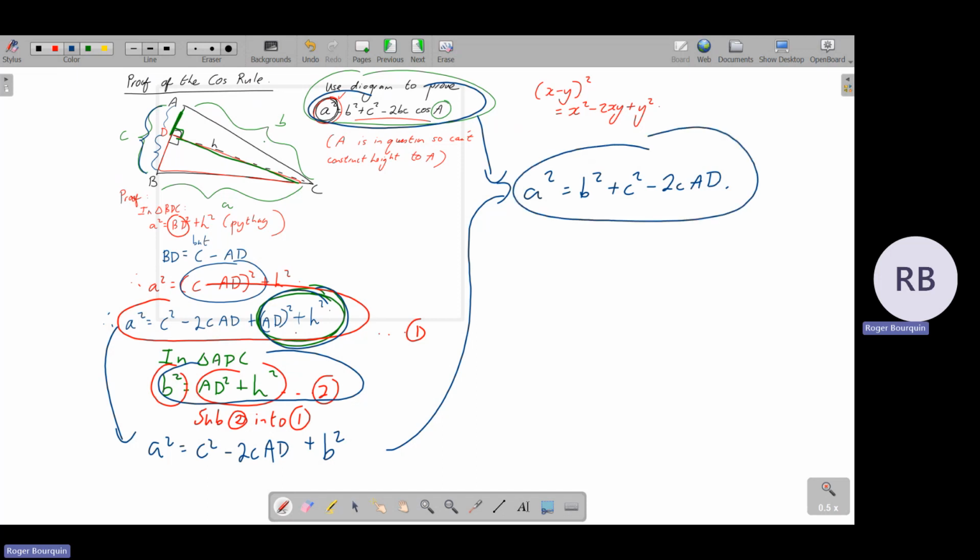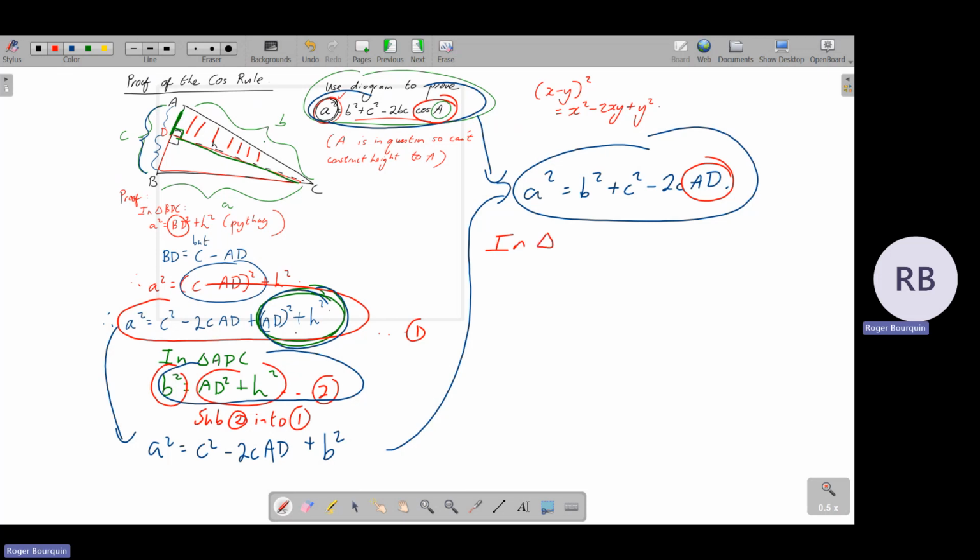Well, the problem is I somehow have to replace AD with b cos A. So I need a right angle triangle that has AD at the side. If I look at this right angle triangle once again, in triangle ABC, I've got to get cos A into the sum.